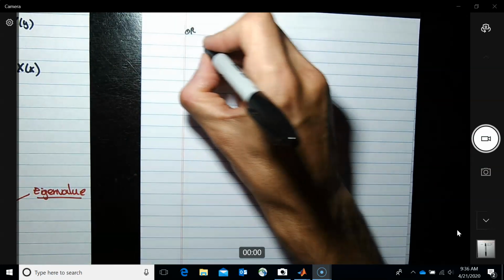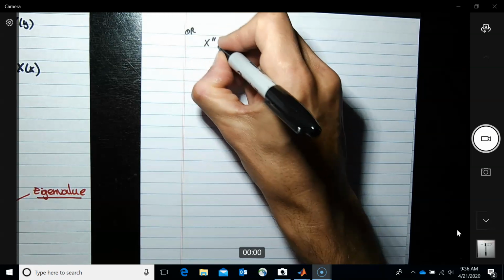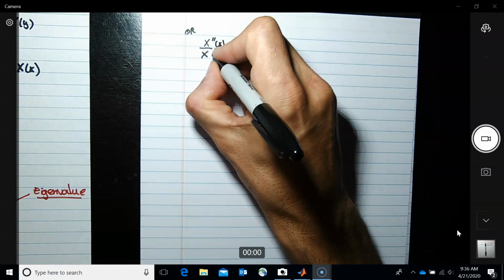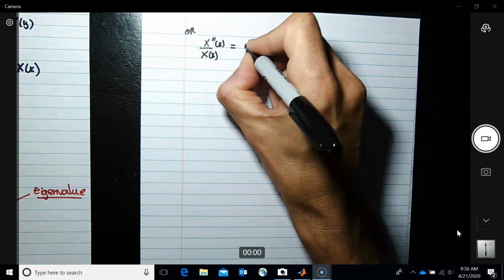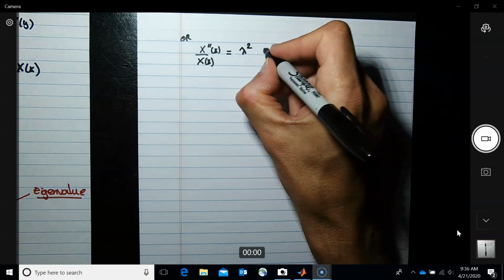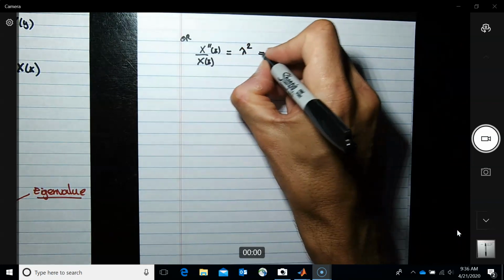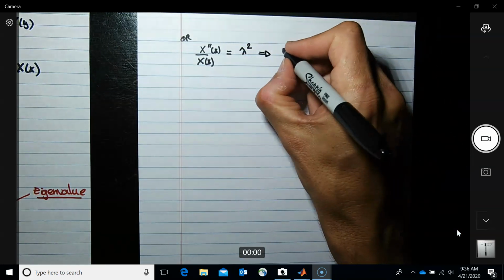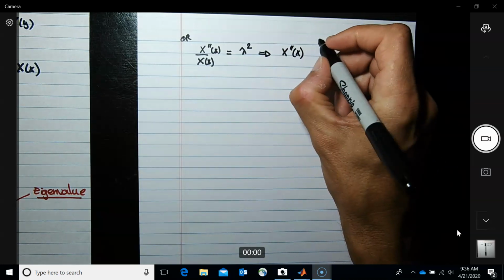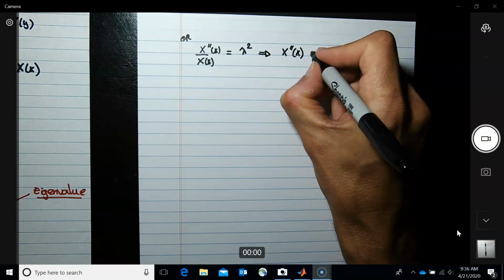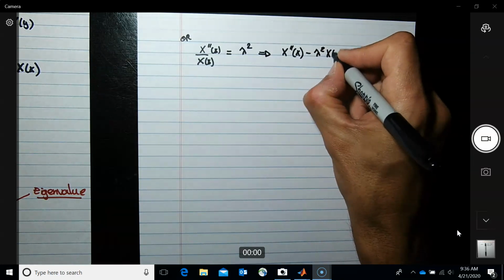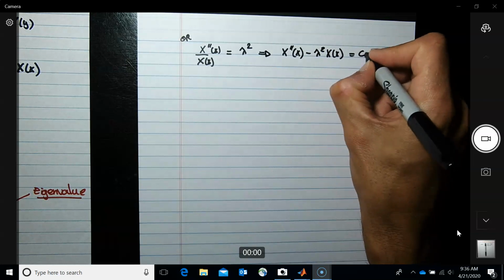You're going to have X double dot of x over X of x equal to lambda squared. So this will give you a first problem over here that will be what? X double dot of x minus lambda squared X of x equal to 0.